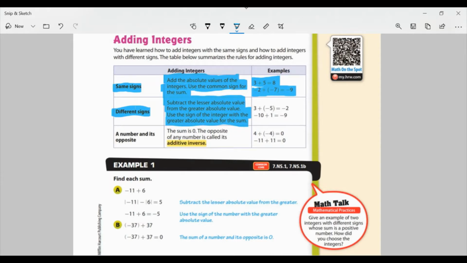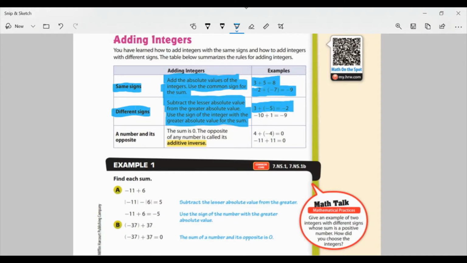So looking at 3 plus -5 equals -2. The number that has the greater absolute value would be 5, it is -5. So you would go 5 take away 3 is 2. And because the -5 has the greater absolute value and is negative, the answer is negative.